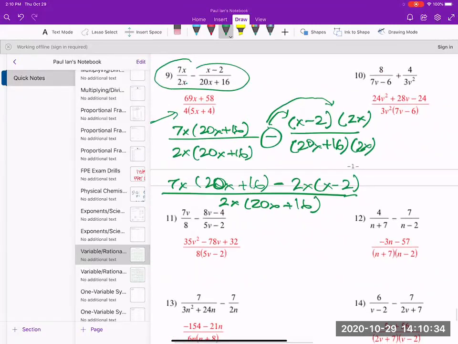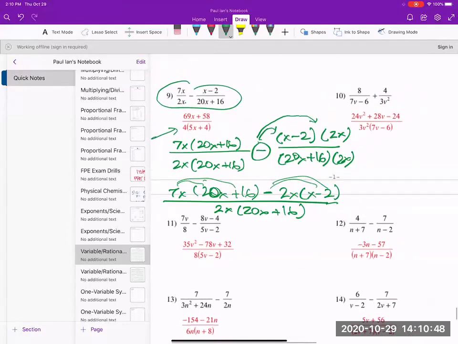Then, so what do you do here? So distribute all of them. Okay, right here, right? Yeah. Distribute this guy. Okay, all right. So from here, you get, let's see, if the numbers aren't too high, 140x squared plus 16 times 7.